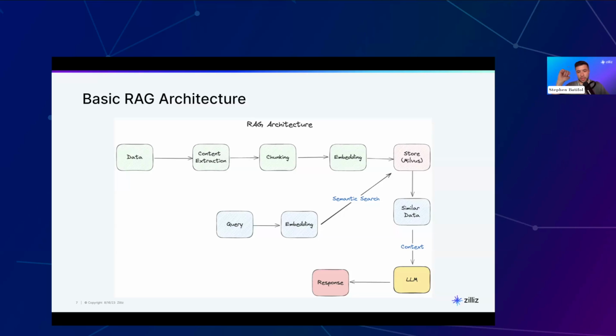Then you store everything in Milvus. Once you make your query, you also have to make your query go through an embedding model, and then we run a semantic search. Your LLM will then know about similar data, we put everything in the context, and you get the results. So that's the basic RAG architecture. And chunking and embeddings, you'll see, are very, very important.